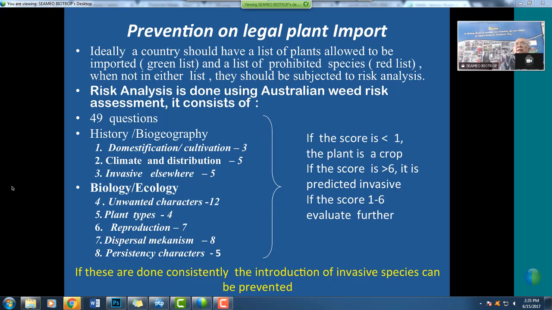If the score is less than 1, the plant is allowed to come. If the score is more than 6, it is predicted to be invasive and should be rejected. If the score is between 1 and 6, evaluate further. If it is less than 1, it becomes a crop, and if it's more than 6, it should be rejected. Next slide.